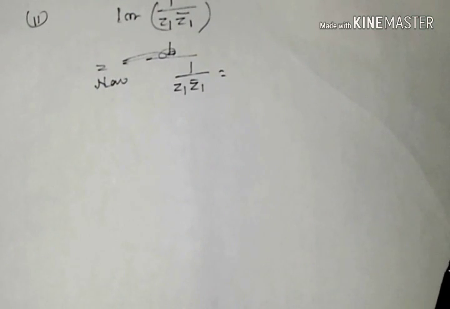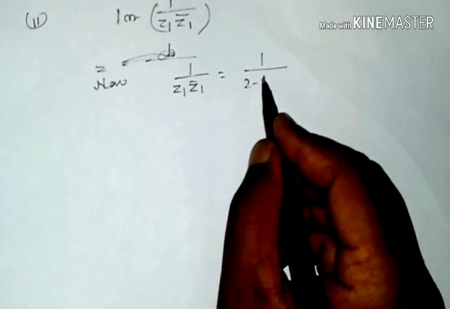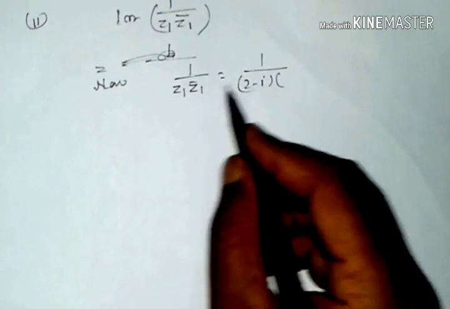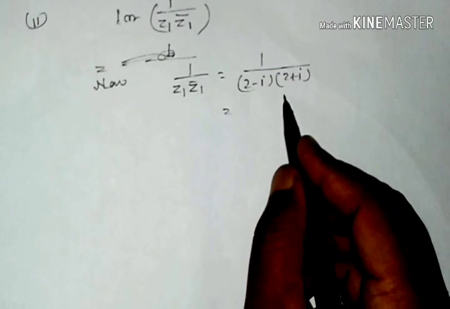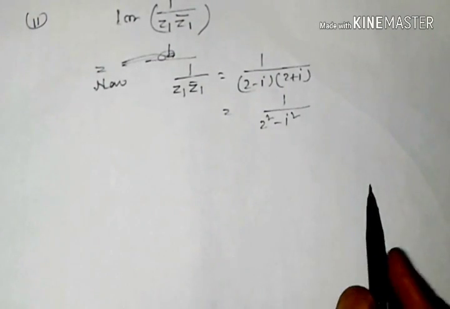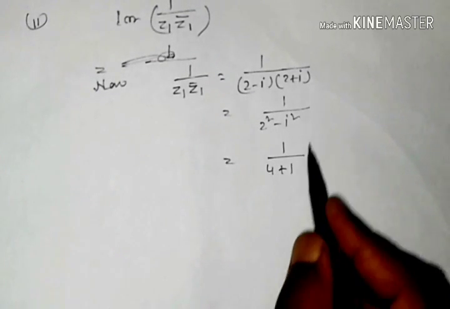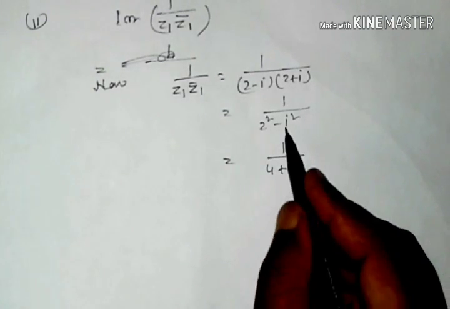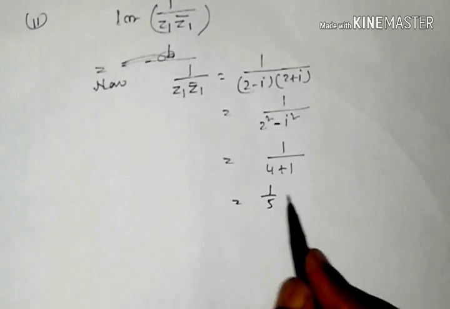Now what is the value of z1? We have got this 2 minus i. This is z1 bar, this is 2 plus i, that is 1 by 2 square minus i square, 1 by 4 plus 1, since i square is minus 1, this is plus 1. That's 1 by 5.